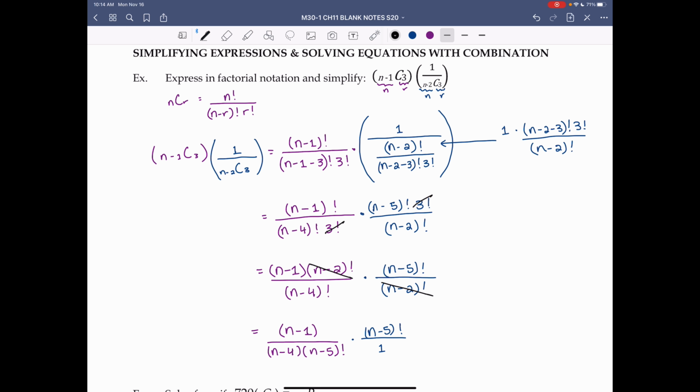And then I have n minus 5 factorial divided by n minus 5 factorial. I can divide those out. And I am left with n minus 1 over n minus 4. So we put it into factorial notation using the equation for combinations, and then we simplified as much as we could.